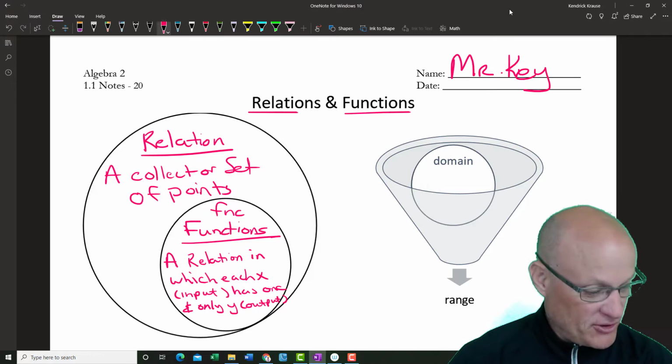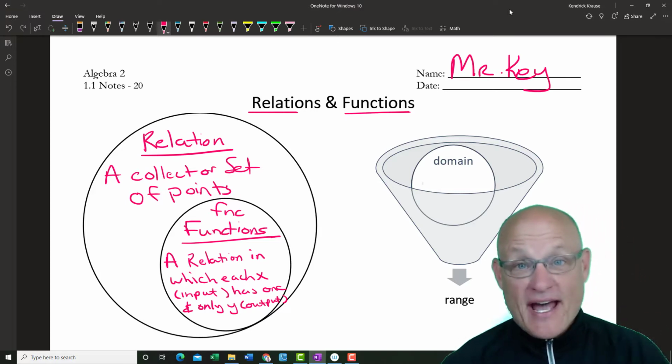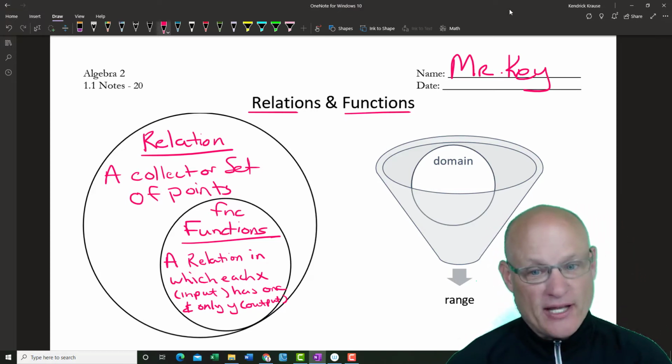Okay, I'm going to work on my penmanship. All right, so every x has only one y. Each input has only one y.